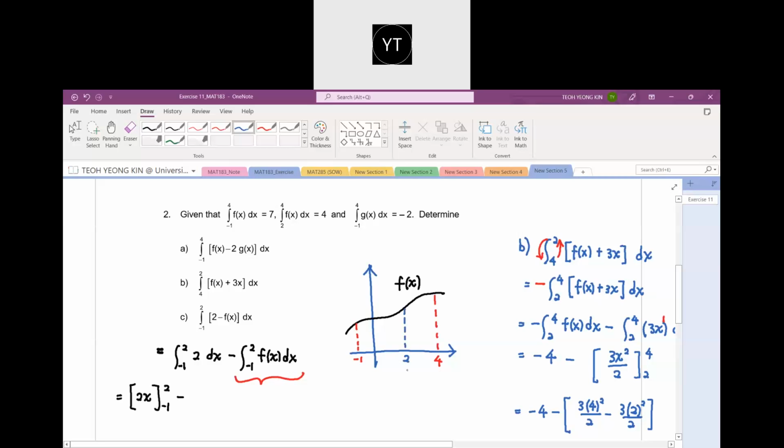We have two parts, from negative 1 to 4 and from 2 to 4. There are two different values. Now the question asks for negative 1 to 2. It only wants this shaded part, which is negative 1 to 2.